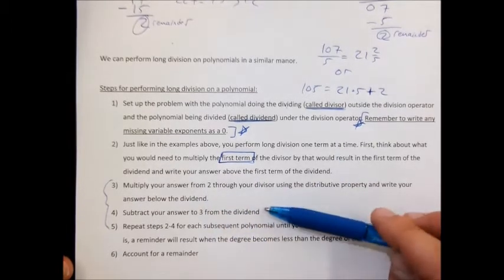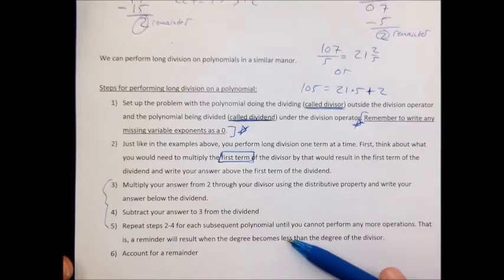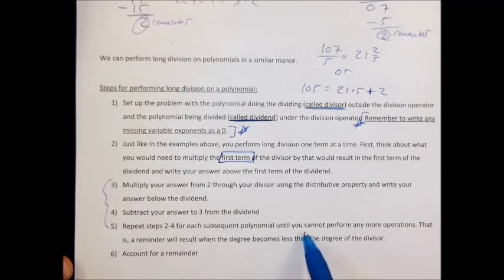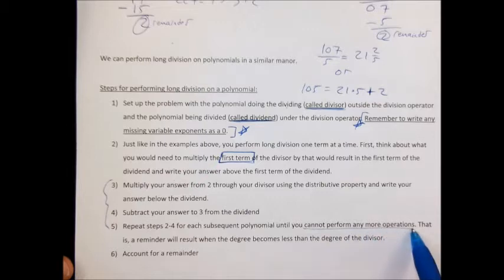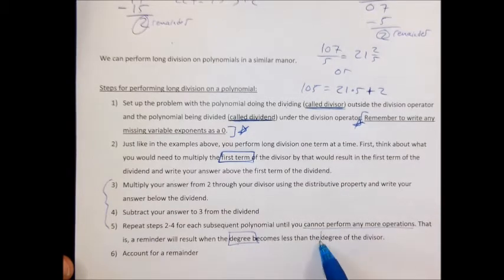You subtract your answer just like we did before. And then you stop once you reach a remainder. And what I said here was, you know you reach a remainder when you can't perform any more operations. In other words, you stop when the degree of your divisor is more than the degree of your answer.